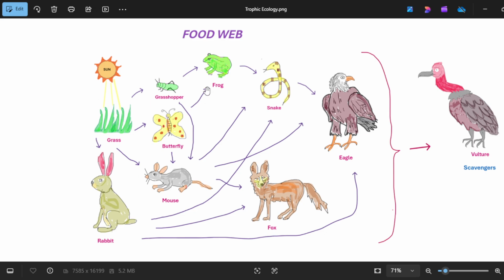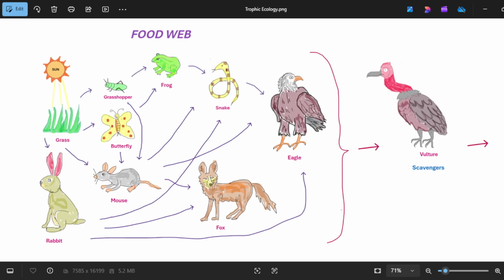If you see here grasshopper, frog, snake, eagle, fox, mouse, butterfly, grass, rabbit, you can see all different food chains from here. Mouse consumes grass, rabbit consumes grass, fox consumes rabbit. So it is a complex interconnected network of food chains.